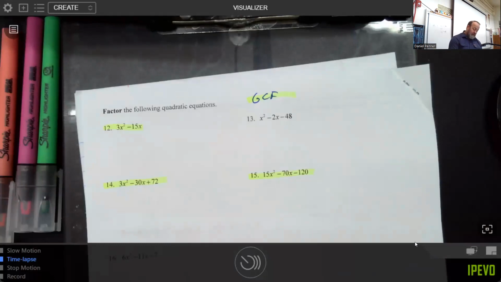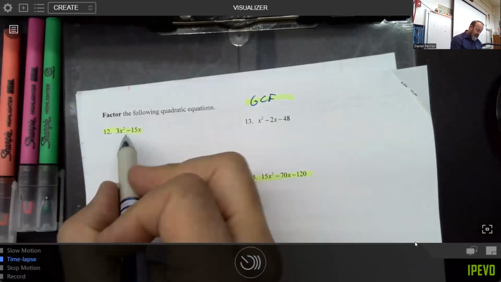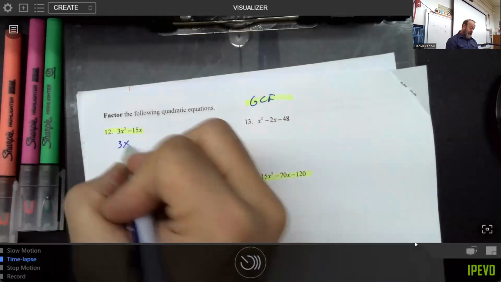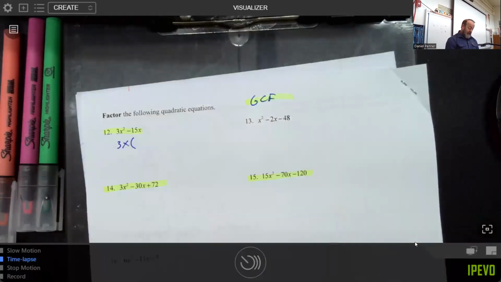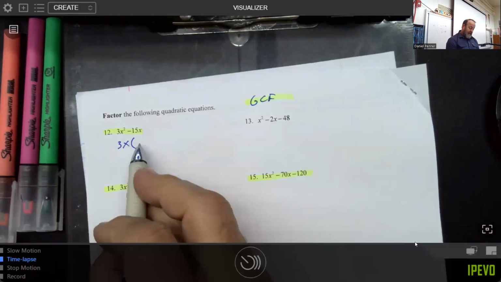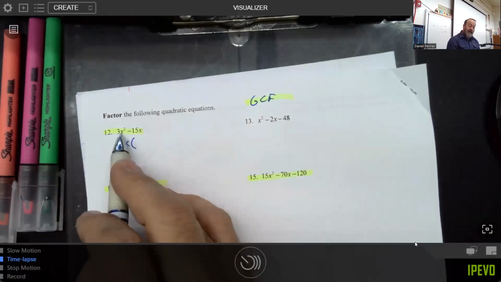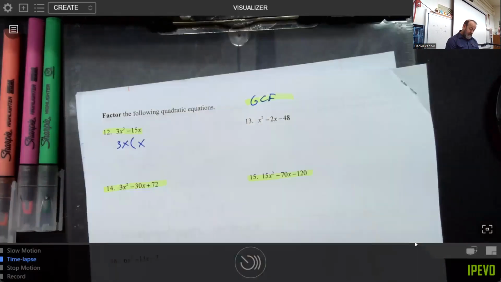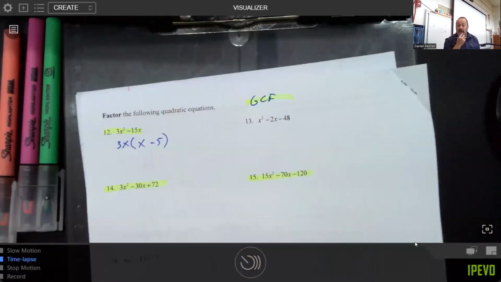If you look at number 12, the first thing I notice is that both of these terms have a 3 and an x. Based on the distributive property, what has to go right here? If the product of 3x and something is 3x squared, it has to be an x. And 3x times something has to be minus 5. And so we've actually already finished that problem.